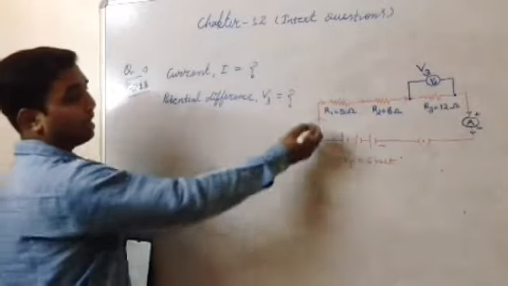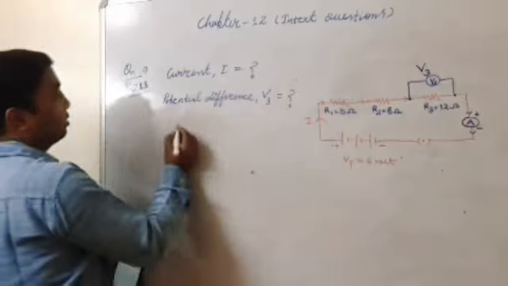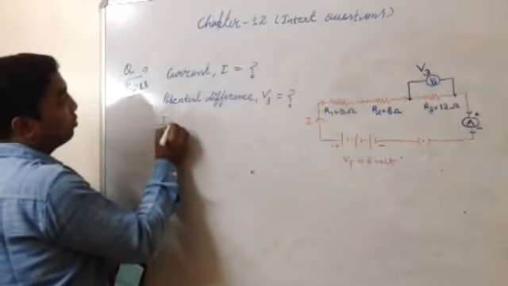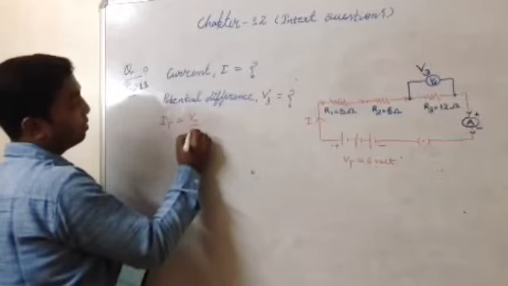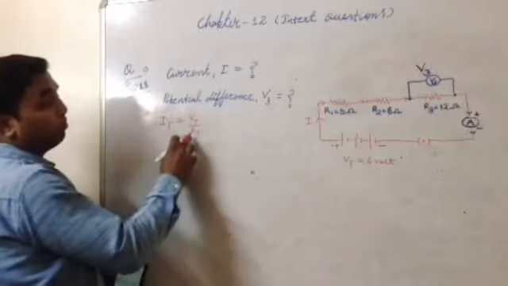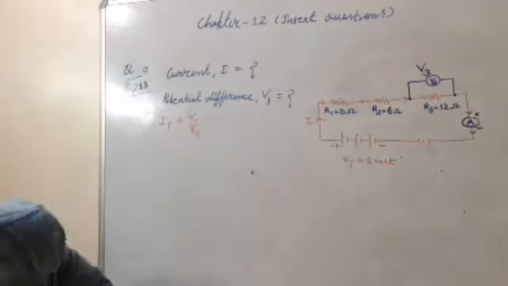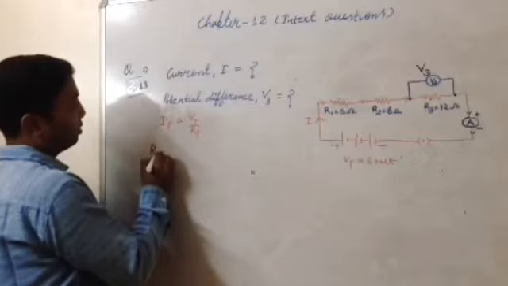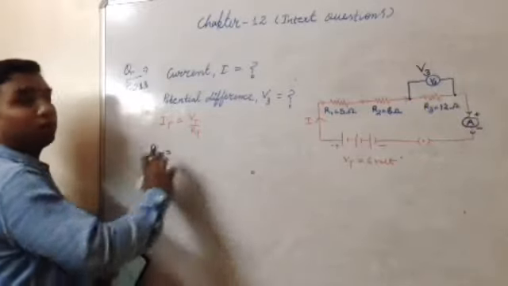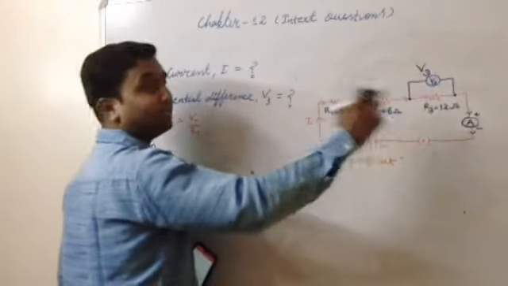And we already know how to find the current, because whatever current is flowing here, the same current would be flowing here. So IT equal to VT upon RT. But we will have to calculate the total resistance of the circuit first. So let's calculate RT. To calculate the total resistance of the circuit, we'll have to see whether these are connected in series or in parallel.